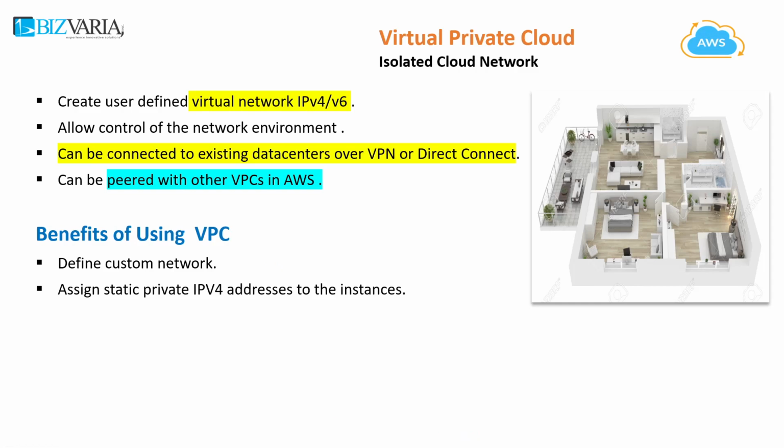Assign a static private IP address to the instance. A static IP address is like a dedicated IP address. Mostly when you create any instance, the address is dynamic. Dynamic means if you are running the instance and then you stop it or terminate it and launch again, next time you are going to get a different IP address. That's dynamic, DHCP, Dynamic Host Configuration Protocol, and I will touch on that as well.